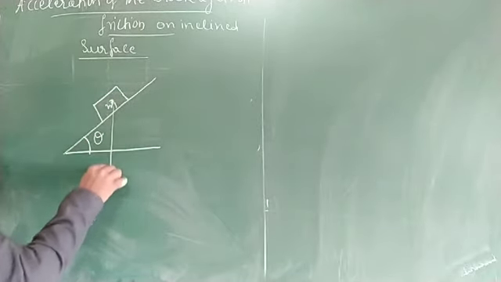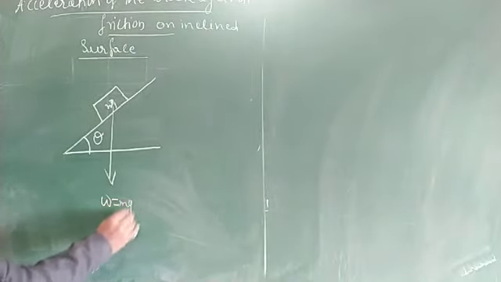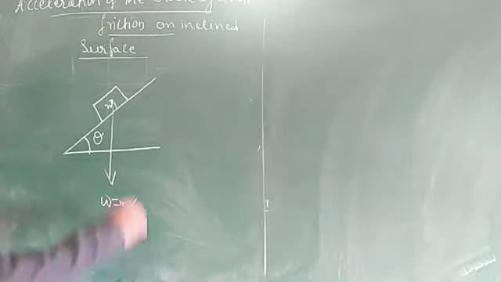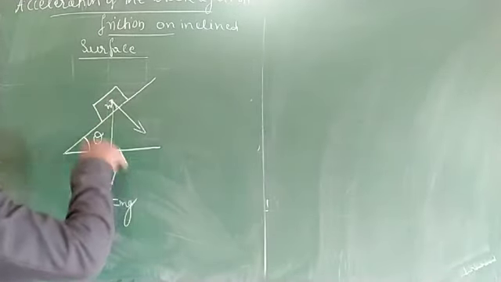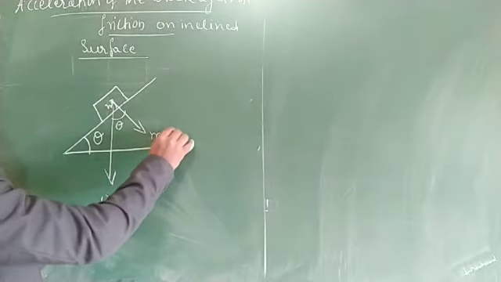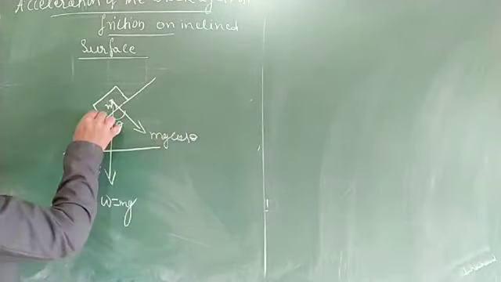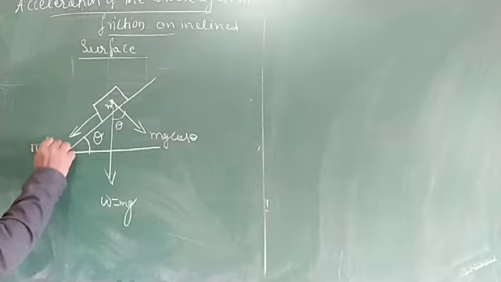The weight of the block acts in the downward direction, that is W is equal to mg. This weight is resolved into two components. One is mg cos theta, perpendicular to the surface, and another one is parallel to the inclined surface, mg sin theta.